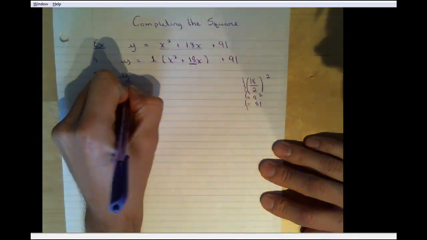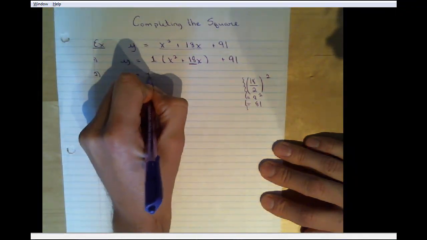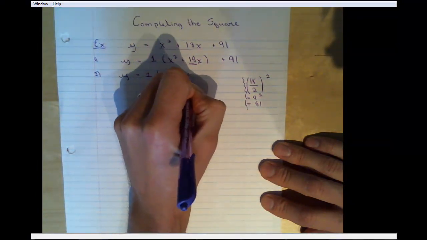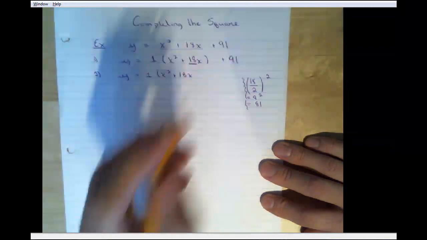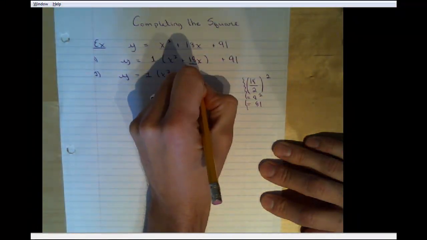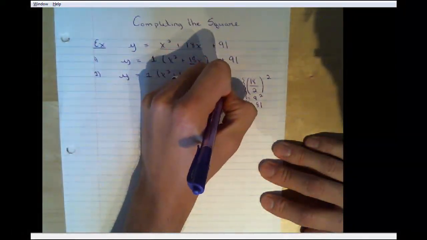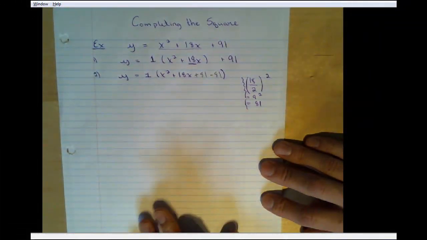Well, here's what happens. y is equal to 1 times (x squared plus 18x), and we're going to add and subtract 81. So we're going to add 81, subtract 81. And really that's like, to the equation, we're not doing anything. We just added 0 because that'll simplify to 0.